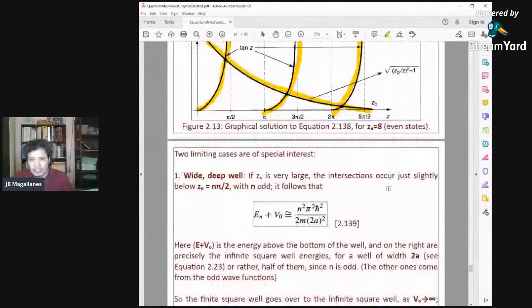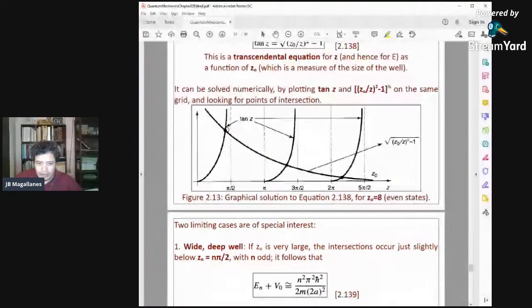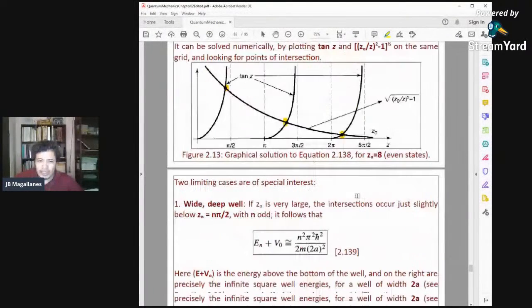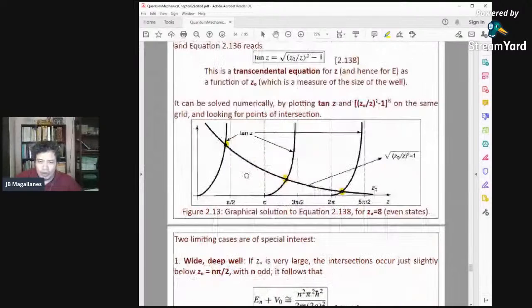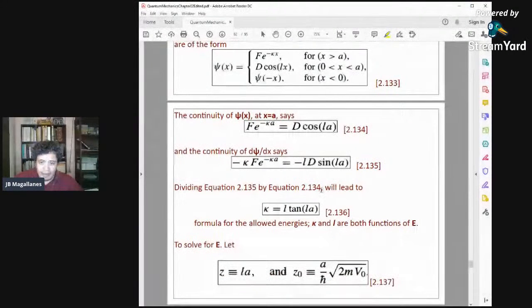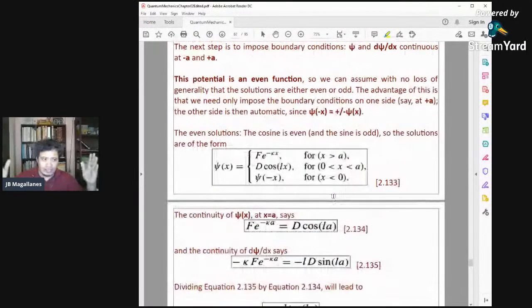There are two special cases for a wide, deep well. This means that if it is wide, the width of the well is large, and deep, the potential V0 is also large.